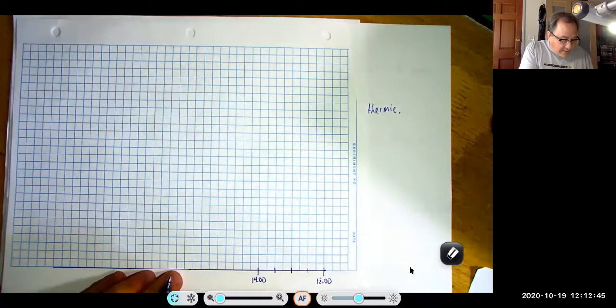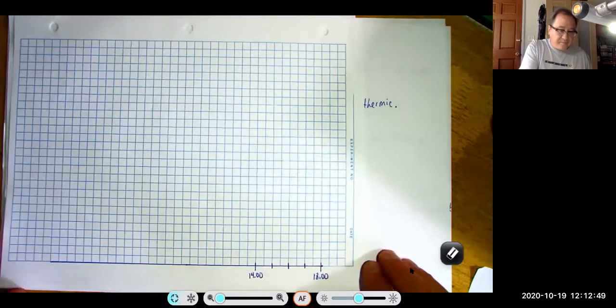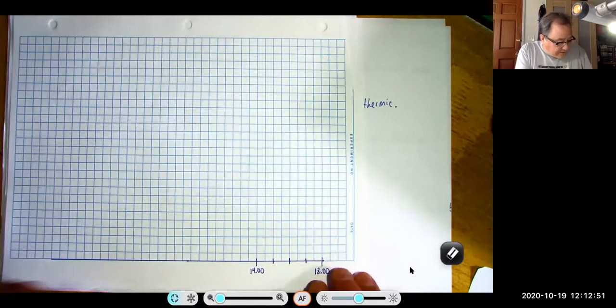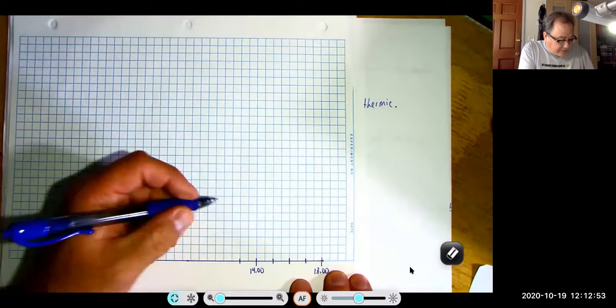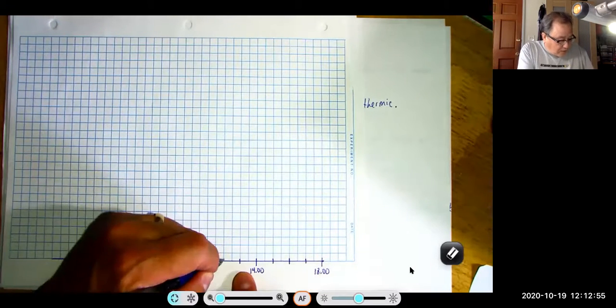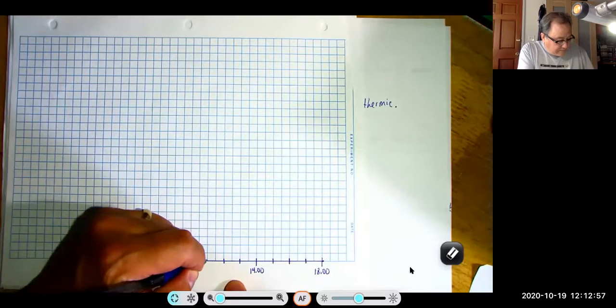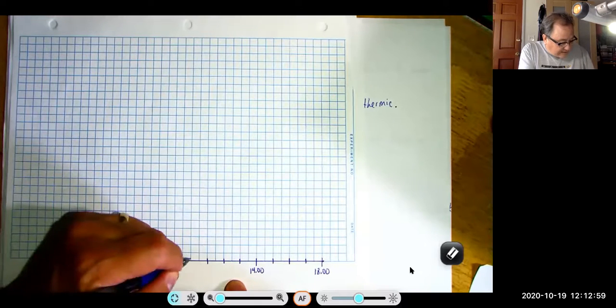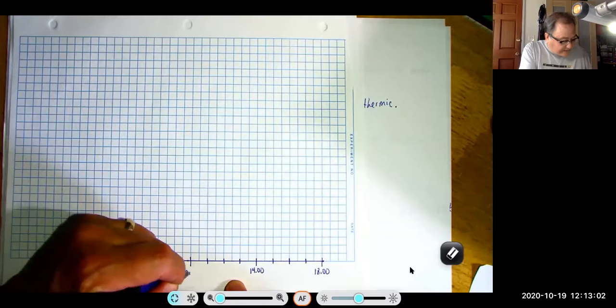The reason I'm not writing numbers here is because it'd be too crowded. Okay, so I'm going to continue. That would be 13, 12, 11, and 10. And so I'm going to check my spacing here.